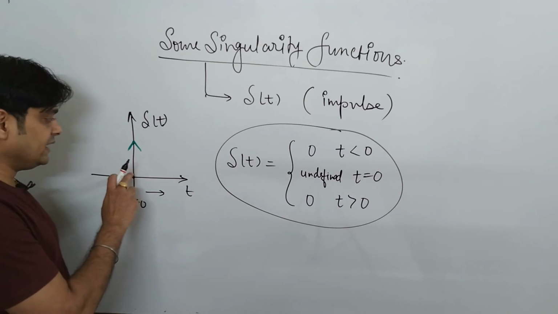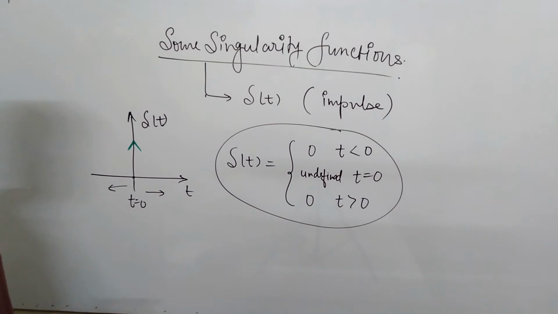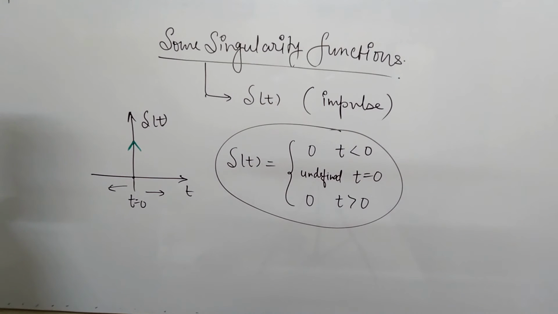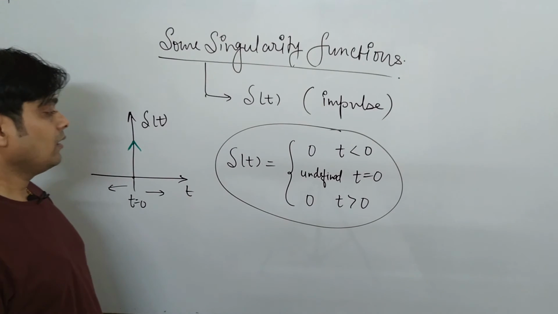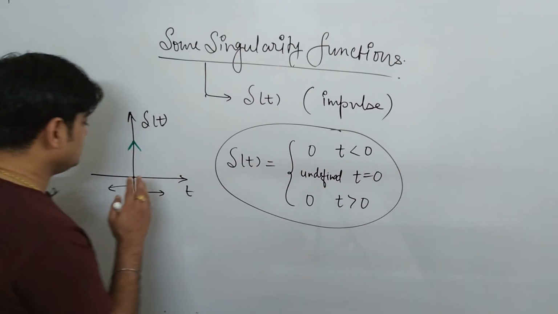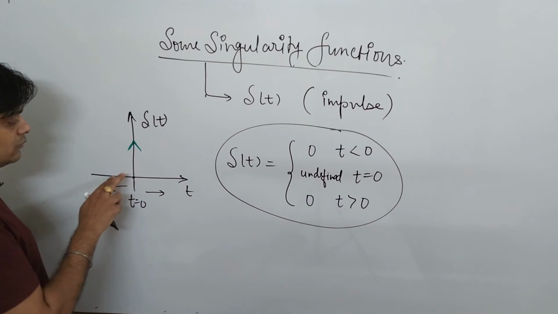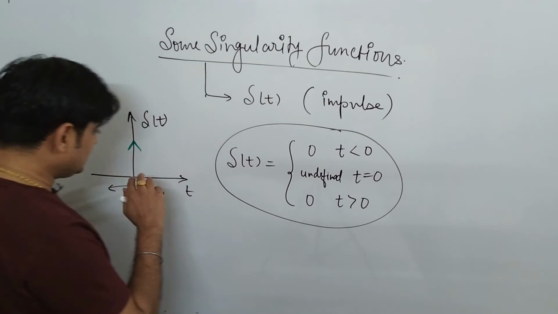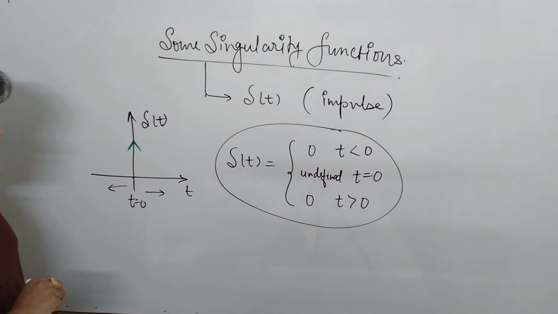Basically the value of del t at t equal to 0 is undefined, or you can say it is a discontinuous function. So basically from here you can say that at t equal to 0, the meaning of not defined or undefined is that the function is not realizable also.